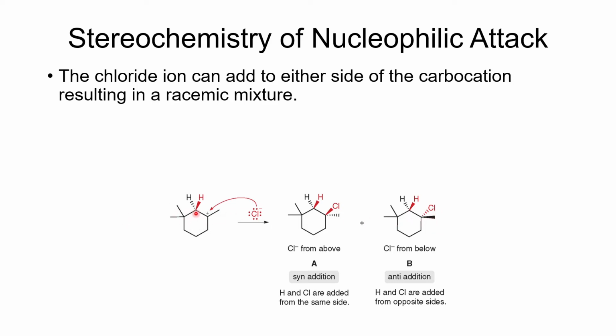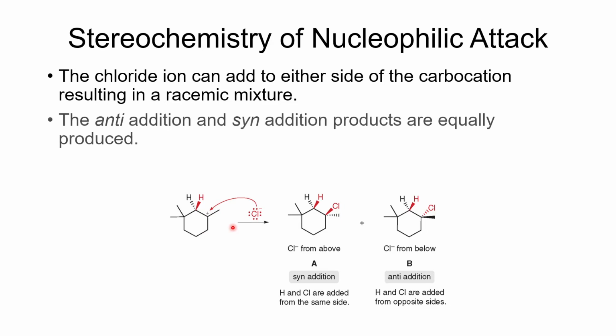Because this is a completely achiral carbocation, the energy, the approach pathway for the chloride from above or from below is going to be identical. There's no energy difference. And if the hydrogen started out front, then this would be the syn addition product. And if the hydrogen started out back, it would be the anti-addition. Or if the hydrogen started out front and the chloride went to the back, it would be the anti-addition.